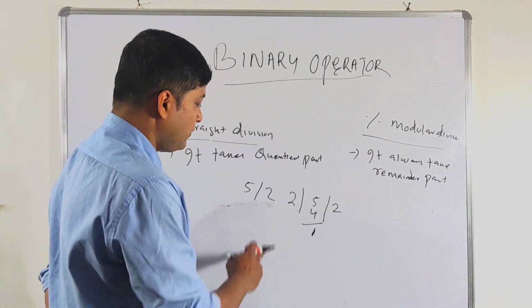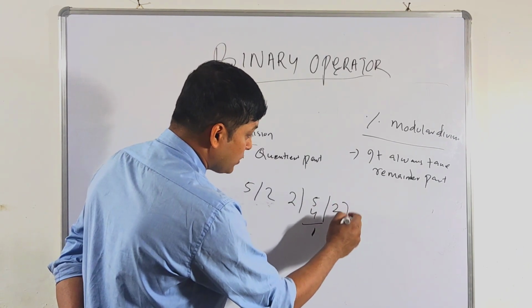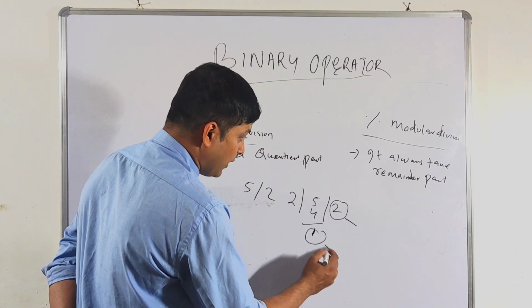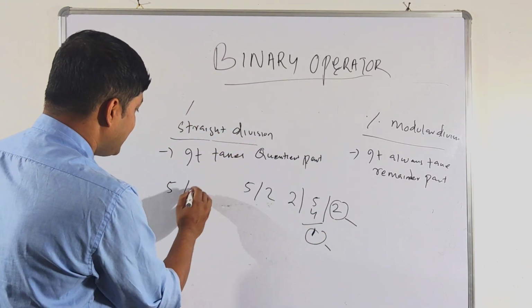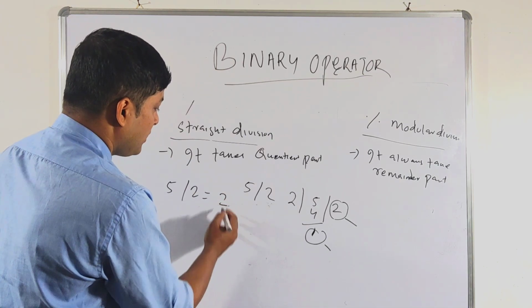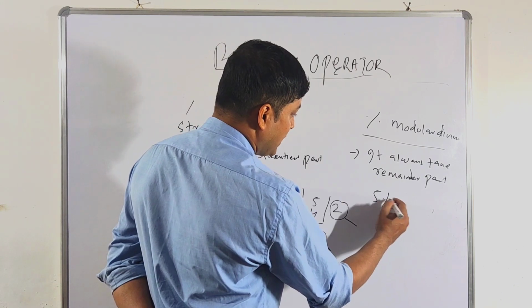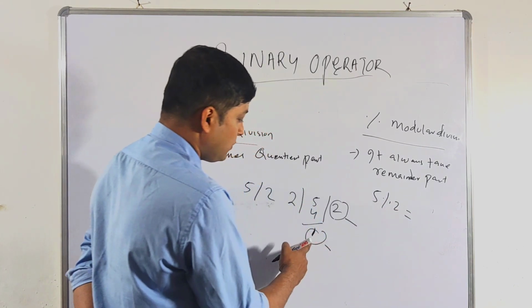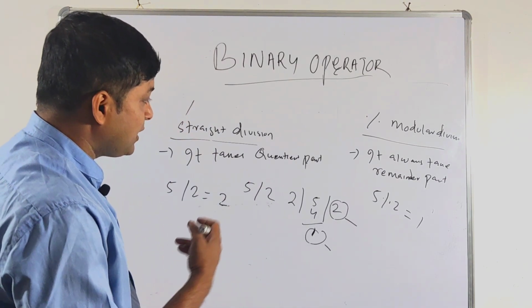So the quotient part is 2, the remainder part is 1. Straight division always takes the quotient part, so the answer for 5 straight division 2 is 2. If you write 5 modular division 2, the answer is 1 because it will take the remainder part. So that's why it's called straight division and modular division.